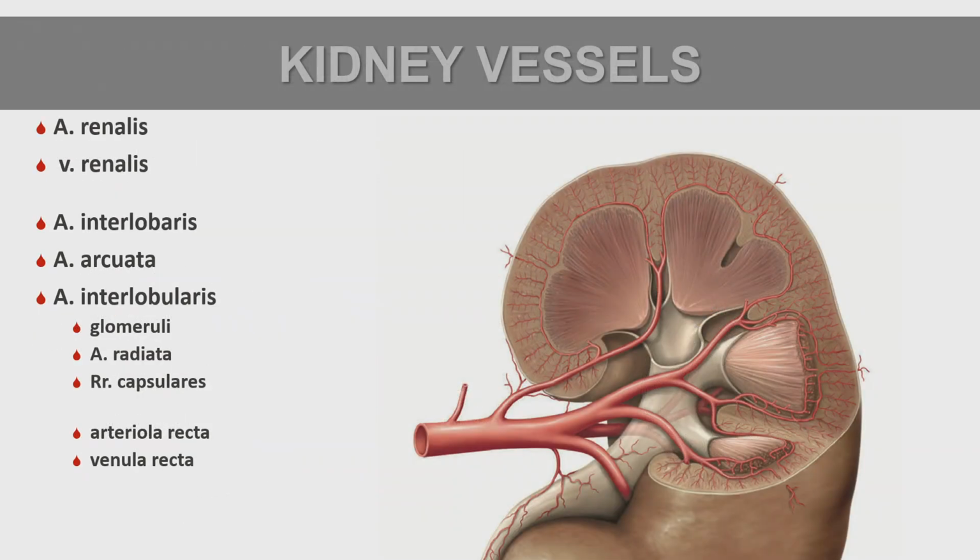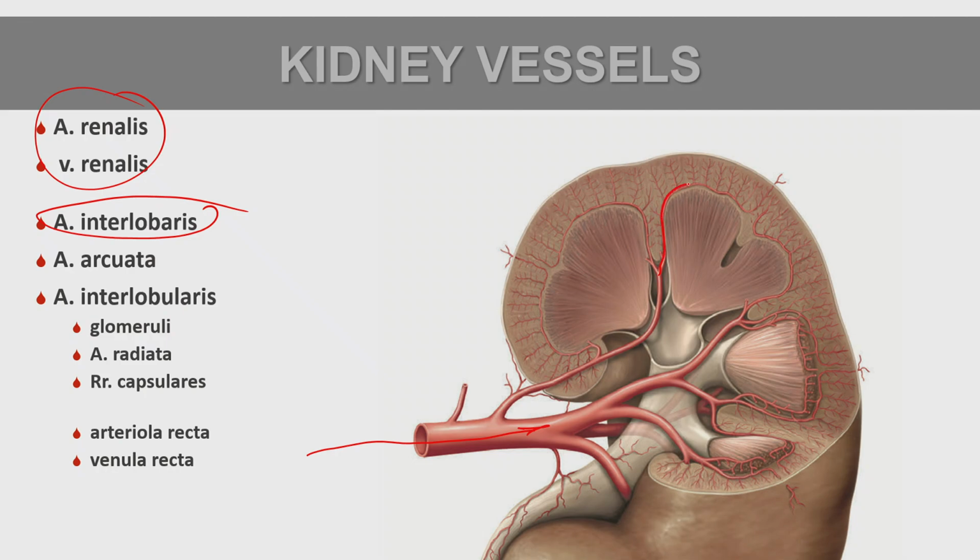Kidney vessels. In general, the renal artery and renal vein. The blood goes into the kidney and is then segmented into the interlobar arteries, and they go between the pyramids, where they are divided into two arteries.